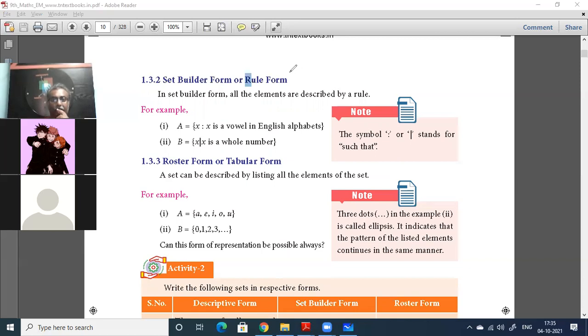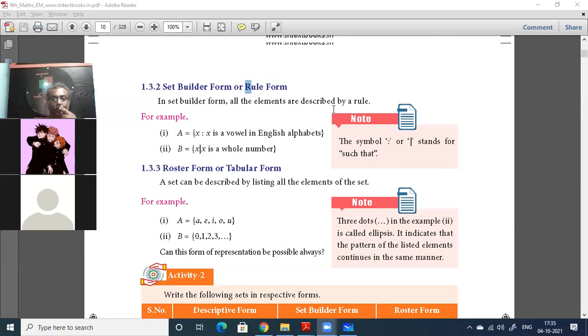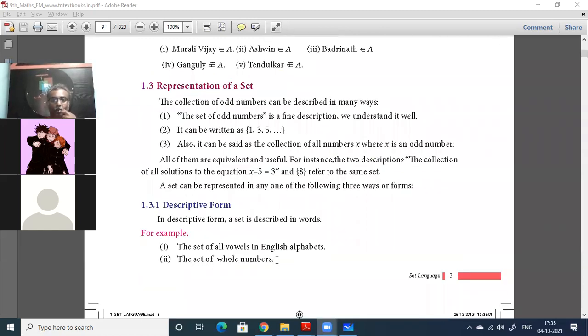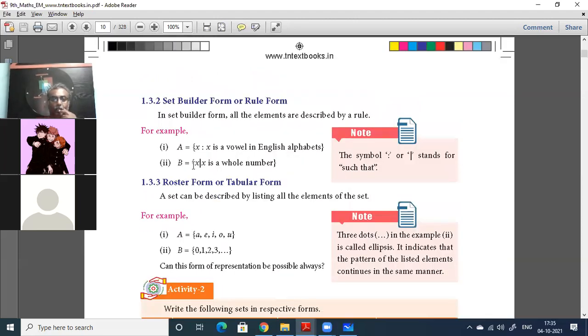So please understand, set builder form is a very powerful way to show sets. Go on. B is equal to X such that X is a whole number. See, same thing we found here also. The set of all whole numbers is descriptive language. Here, B is equal to X colon X is a whole number, or a vertical dash, X is a whole number. So this is the definition, and X is a variable.